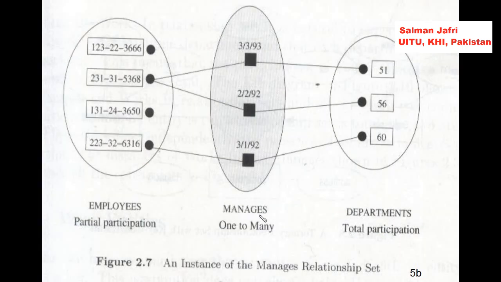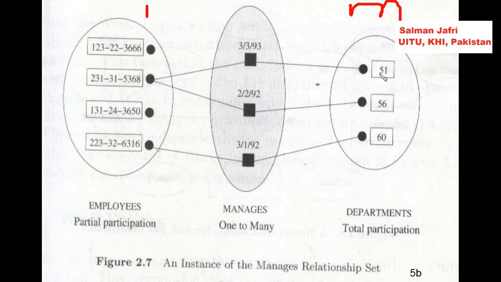Now let's look at manages. Total participation or partial participation? Total participation, right? Over here also total participation. Now one employee can manage many departments. So from the point of view of employees, we have a 1-to-many relationship.